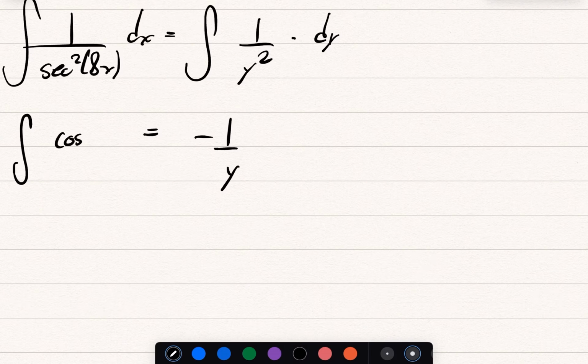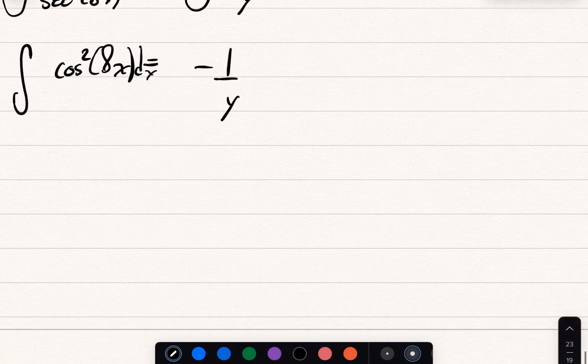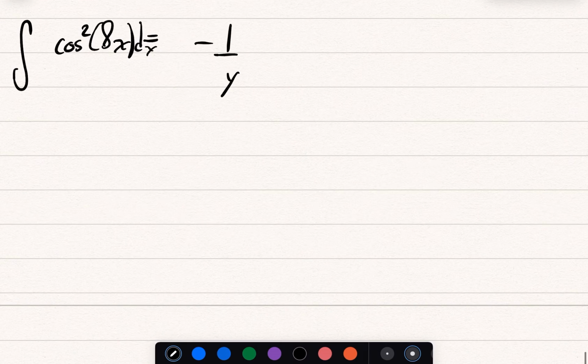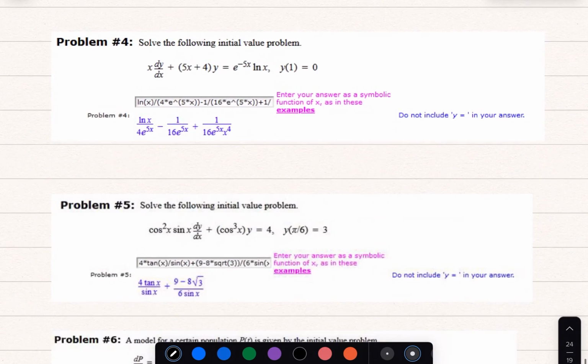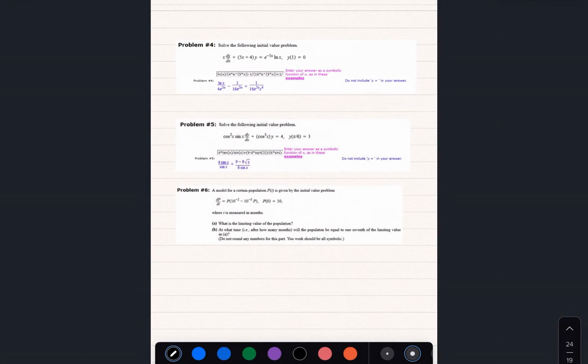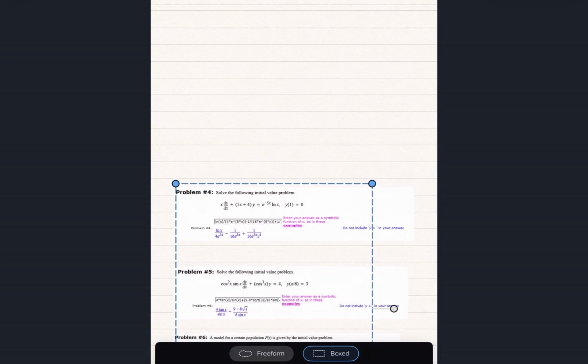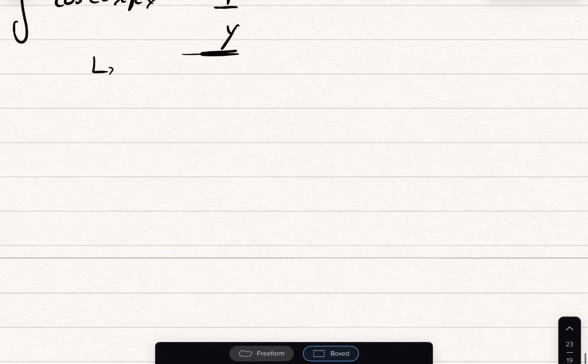So, cos squared 8x times dx. Okay? Now, we could make a crazy sub right now. I'm going to leave this as is and just focus on this side. Okay? So we're going to need some space here. Okay, so we got our space.